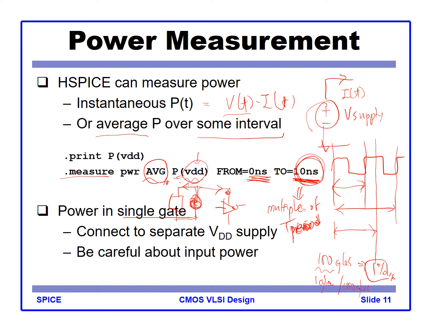So the current going into this gate is measured. So you have to separate the VDD supply, with an additional voltage source there, disconnect there, and then measure the power out of this single gate.